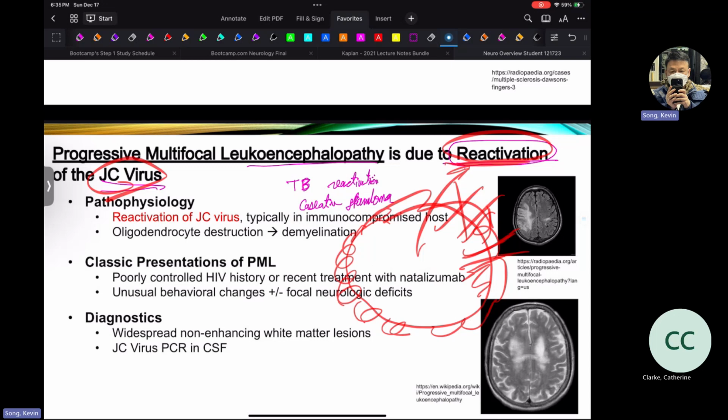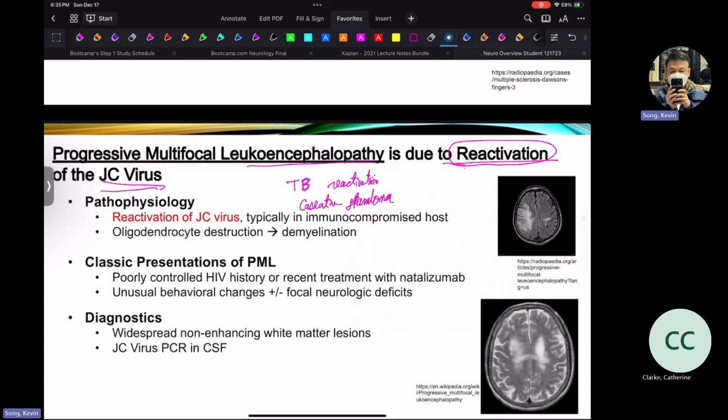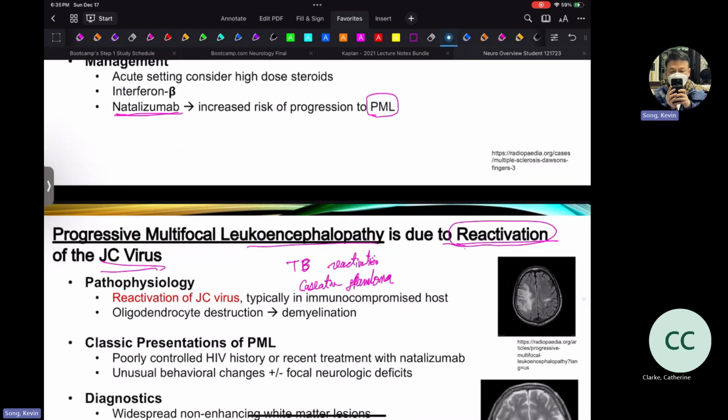So wall-breaking substances, wall-breaking drugs, like natalizumab. It's a wall-breaking drug.